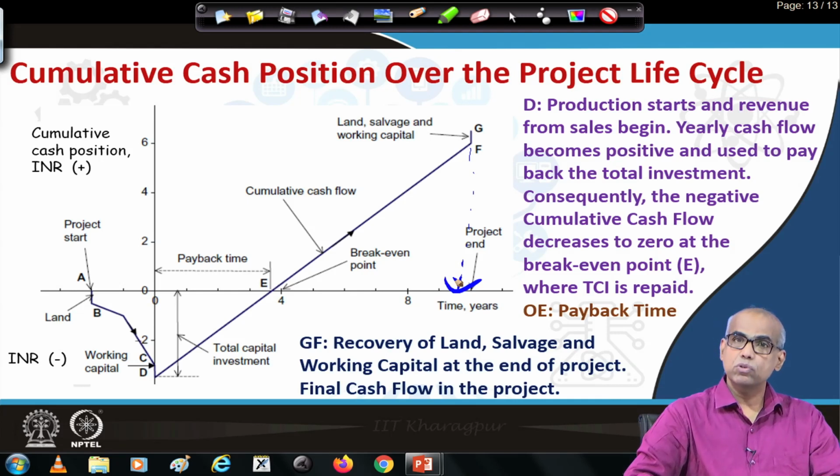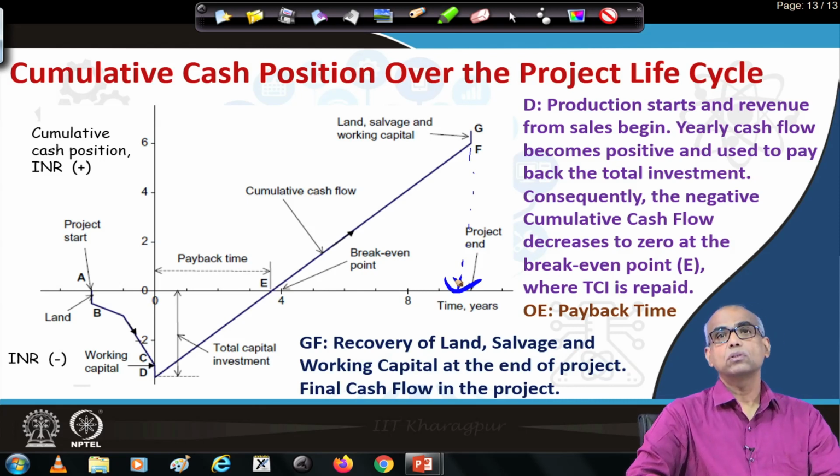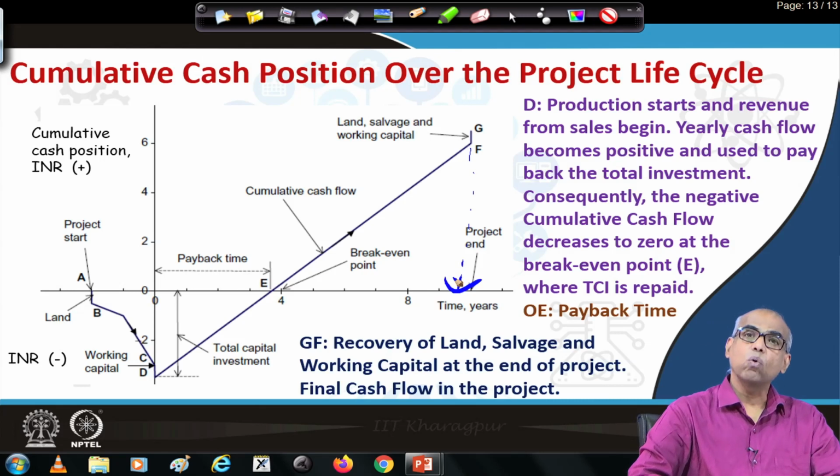The land can be used whatever way you want, maybe for another business venture. So, GF will correspond to the final cash flow to the project, which comes in the shape of recovery of land, salvage and working capital.